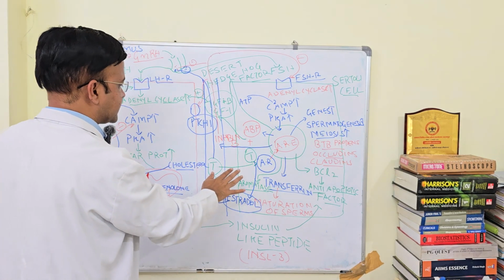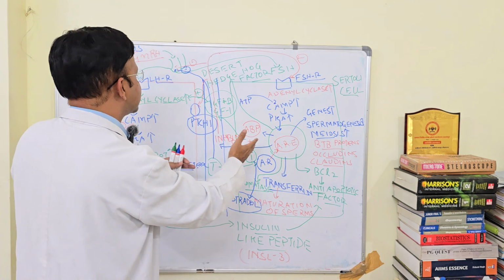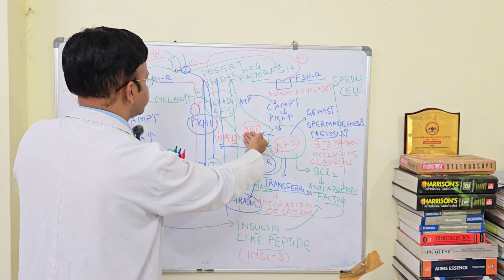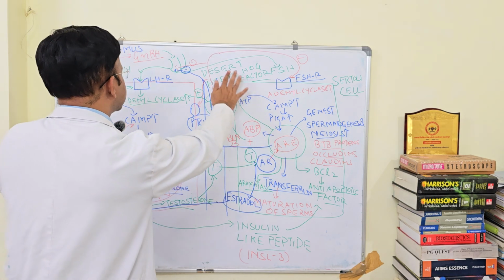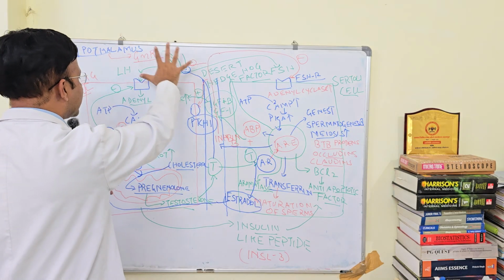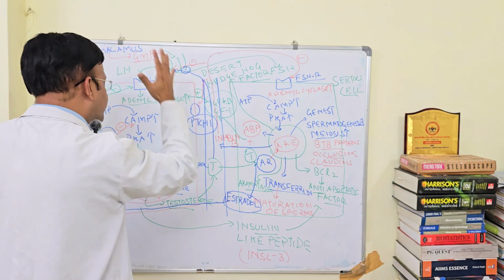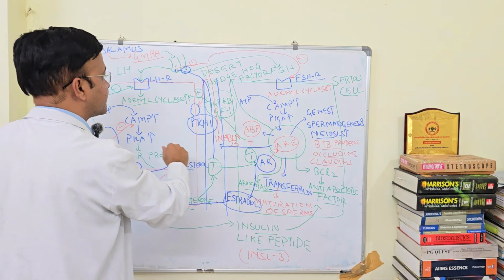Apart from this, there are many other factors through which Sertoli cells and Leydig cells interact, right? Like desert hedgehog factor, which is secreted during fetal life by Sertoli cells, and it helps in differentiation and growth of Leydig cells during fetal life. Very important factor.